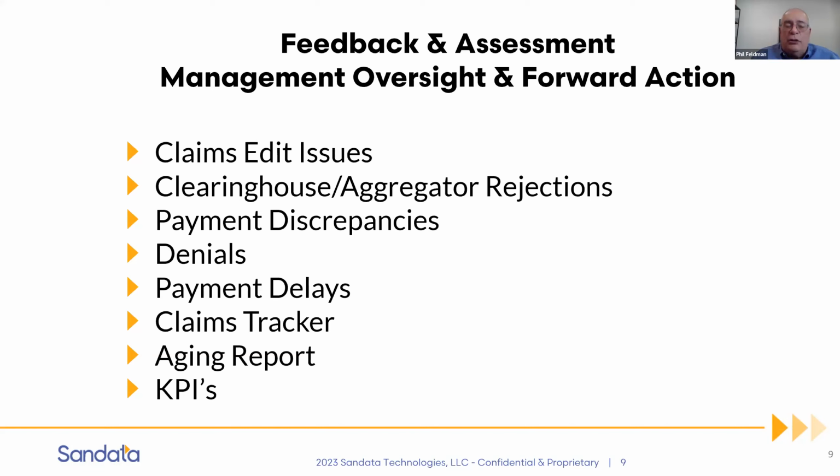Looking at the aging holistically, KPIs, what's my DSO? What's my average time from date of service to creation of a clean claim? How does that work? What's that timeline? What's the process that we can use to reduce that timeline, to get the aging report looking better?